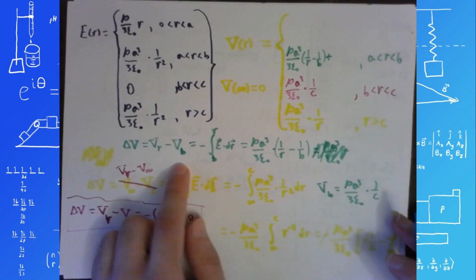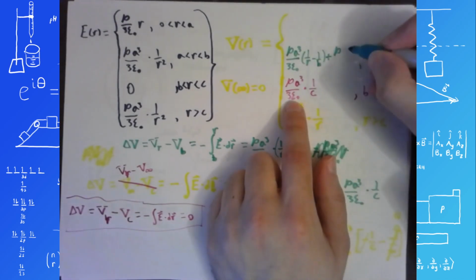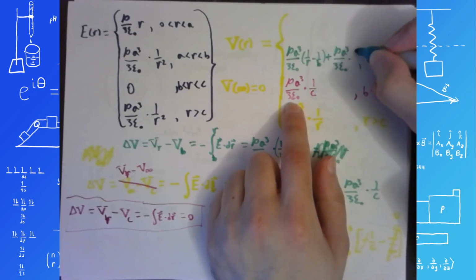VB is going to be just this. It's just going to be rho a cubed over 3 epsilon naught times 1 over c.